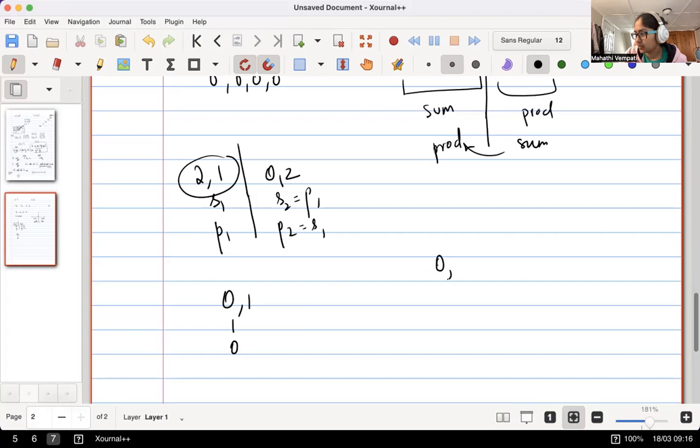But if you have 0, minus 1, where sum is minus 1 and product is 0, then can you construct some guy with sum 0 and product minus 1? Yes, you can. Plus 1 minus 1. Sum 0, sorry, product minus 1.